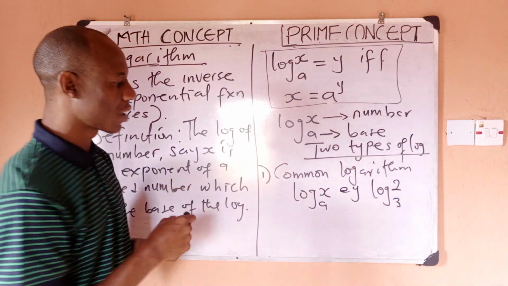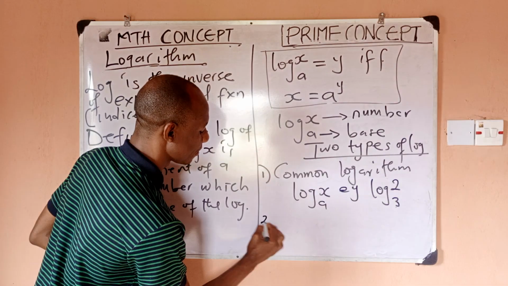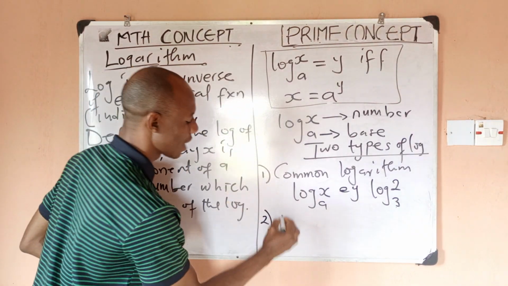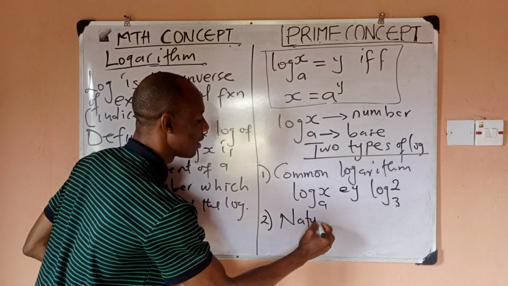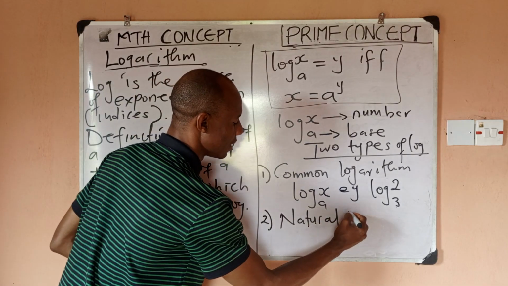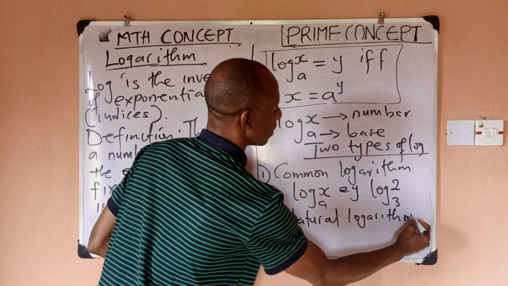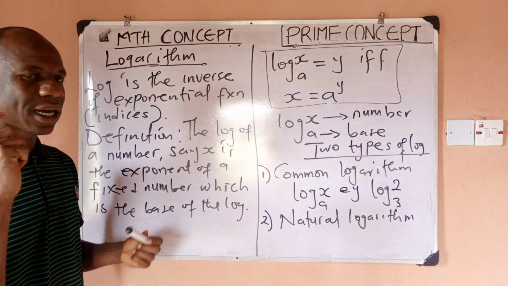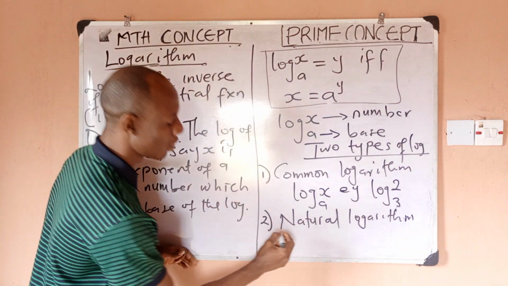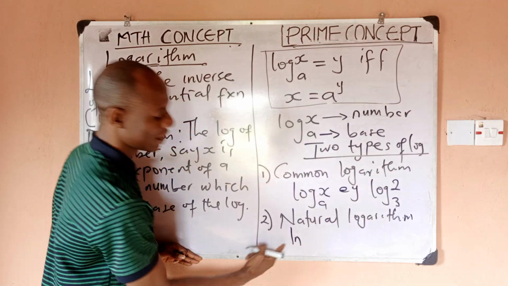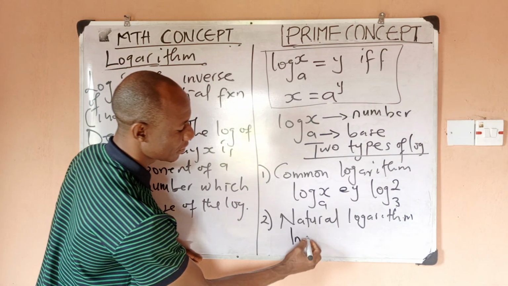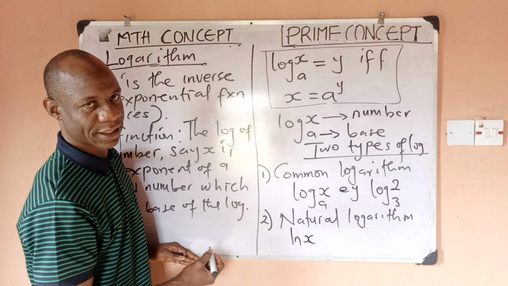Yes, then we have the second type of logarithm. The second is what we know as natural logarithm. Natural logarithm is denoted with the symbol ln. You would see this on your calculator, ln. So you'd have something like ln x.